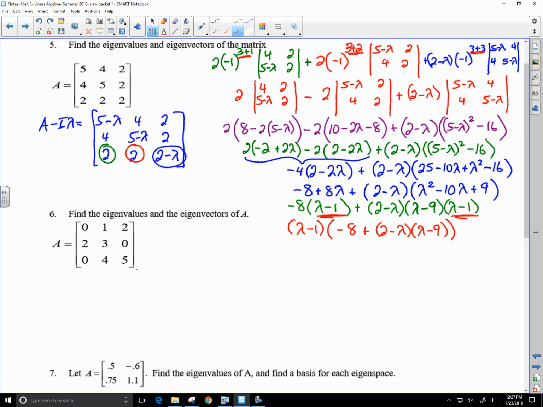So we still got a little quadratic action going on here. So maybe the directions on this one should be find the eigenvalues of the matrix, because I think it's a little too lengthy to then ask you to find the vectors that go along with them.